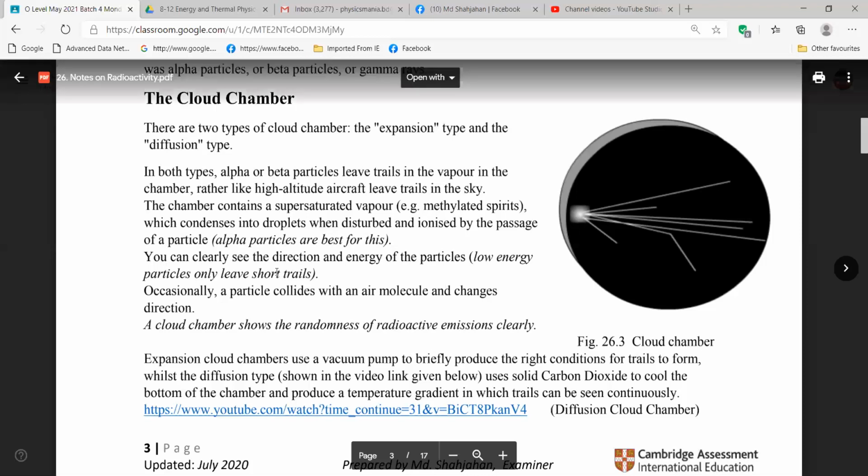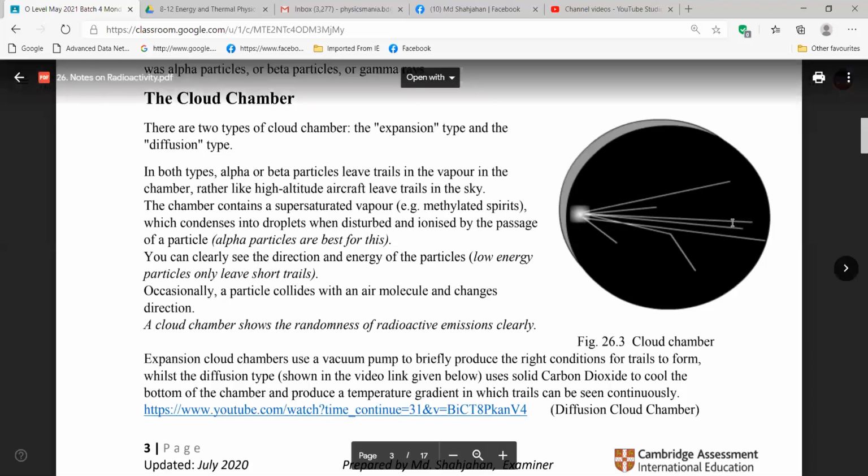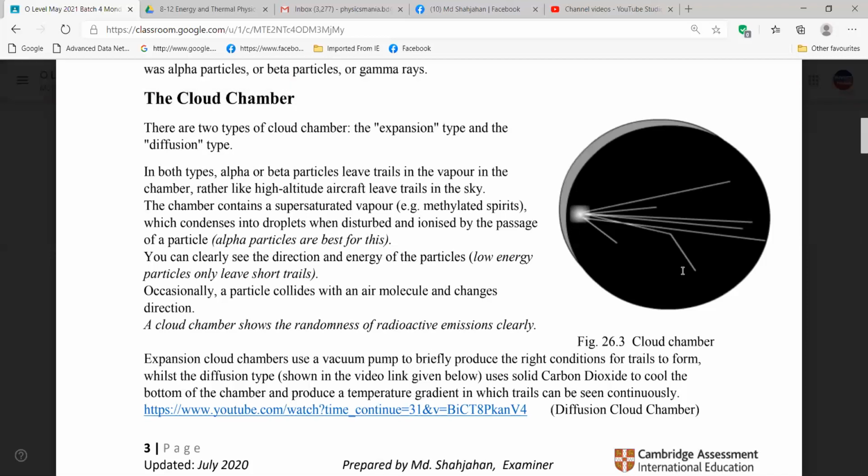Now, another thing you have to note down: low energy particles only leave short trails. So you have short trails and long trails, right? Short trails have low energy, and long trails show you more energy, high energy. And one very important thing: by using the cloud chamber we can understand that radioactive emission is random, right?